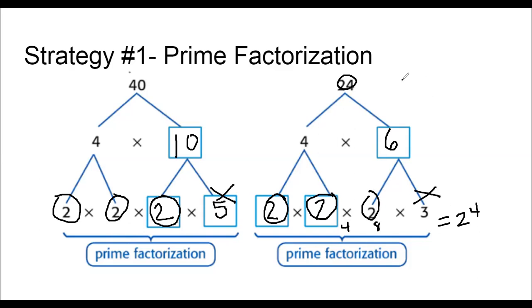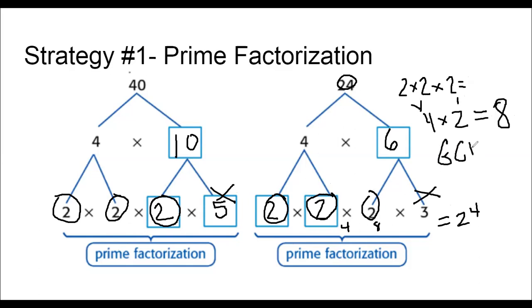Now I've prime factored the numbers, and so my greatest common factor is going to be equal to 2 times 2 times 2, all the numbers I circled. 2 times 2 is 4. 4 times 2 is 8. So my GCF equals 8. And I got that from prime factorization of both numbers using the prime factor tree.